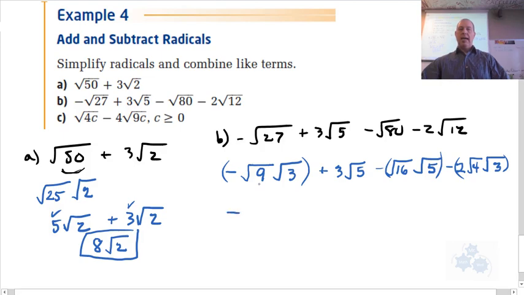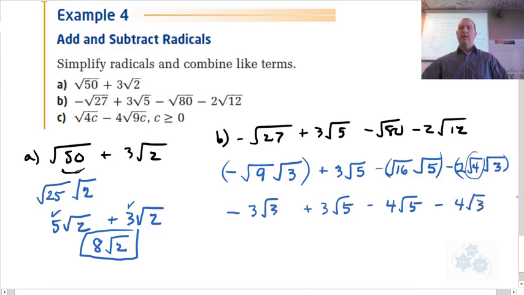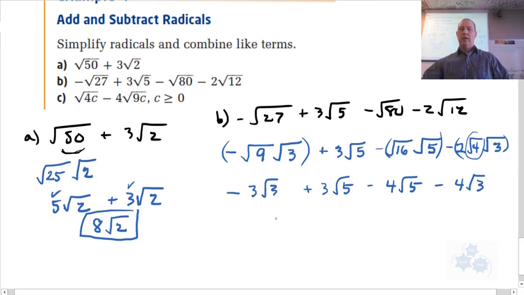So this is actually negative root 9, which is 3, root 3, and then plus 3 root 5. This is minus 4 root 5, and this is minus 2 times 2, that's 4 root 3. Well, now we have some like terms. Awesome. This is a like term with this one. So negative 3 root 3 minus 4 root 3 is negative 7 root 3.